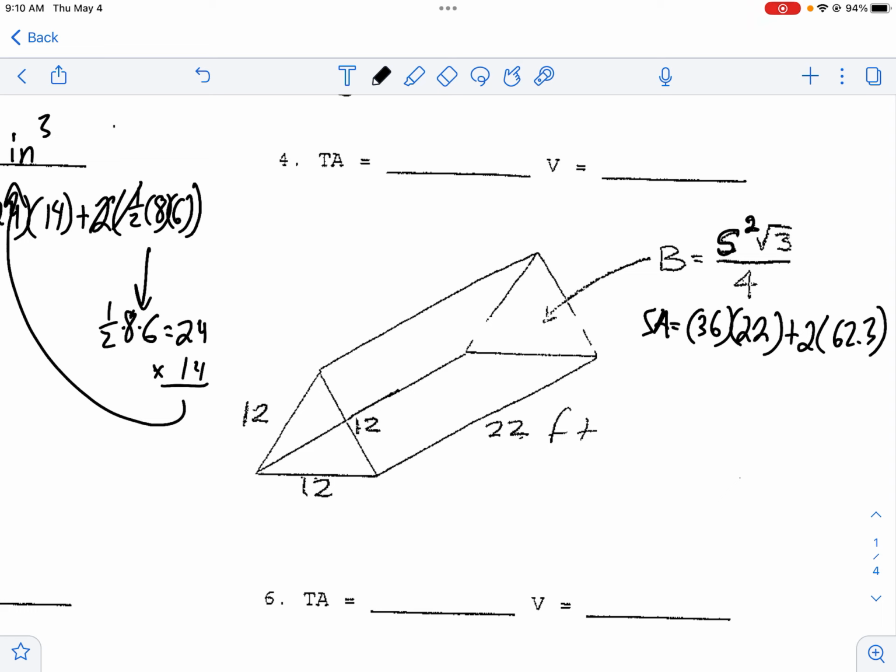Multiply it by 2, and add to that 36 times 22, which gives me 916.7. My volume is just going to be the area of my base, so 62.35 times 22 gives me 1371.8.